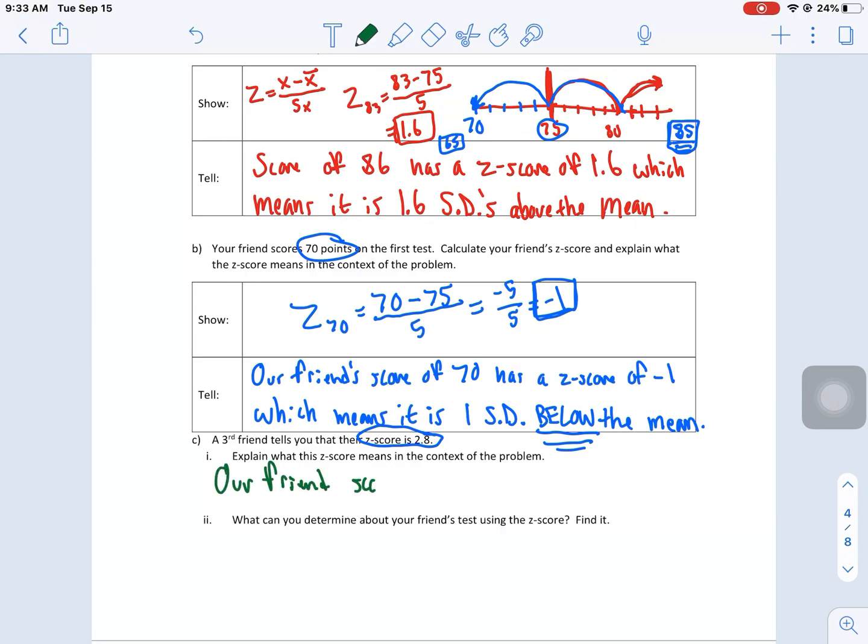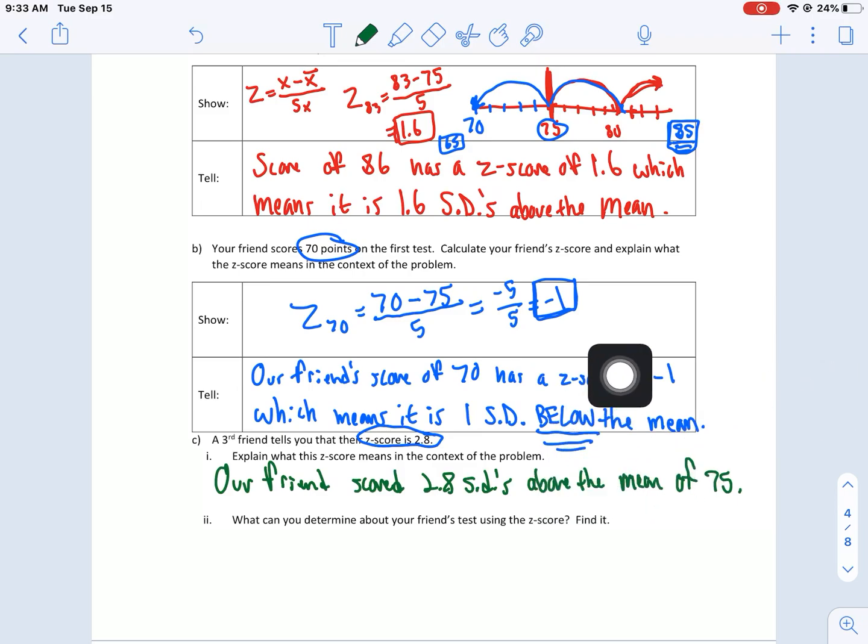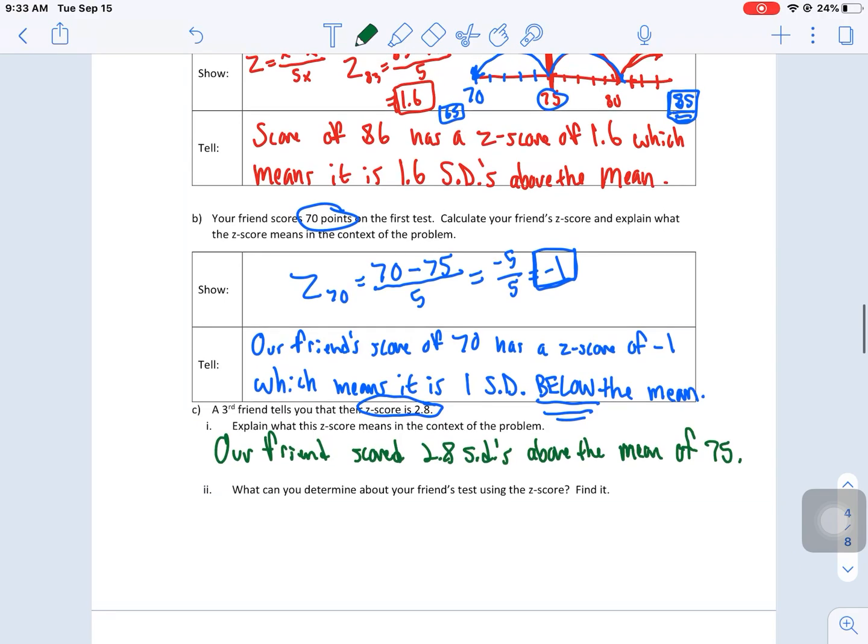Our friend scored, we don't know what his score is yet, but we know that he scored 2.8 standard deviations above the mean of 75. So he was actually outside of this 85 value, which had a z-score of 2. So with 2.8, we know he did pretty well. He at least scored higher than an 85. And I know that it's positive because the z-score they gave us was +2.8.